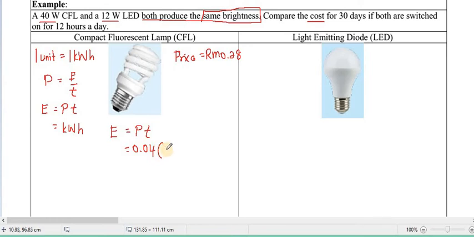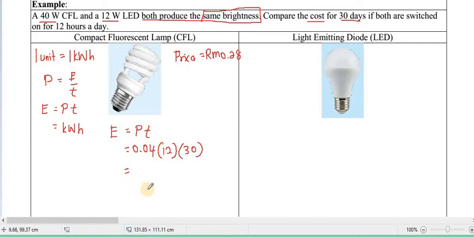So that means one day 12 hours. How many days? 30 days. So 12 times 30. This is the total amount of hours where the light is on.